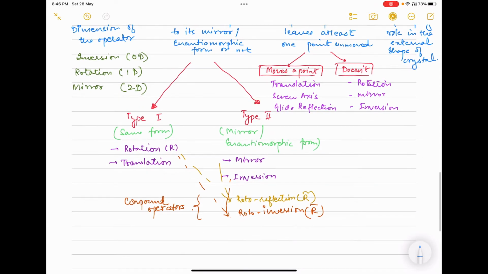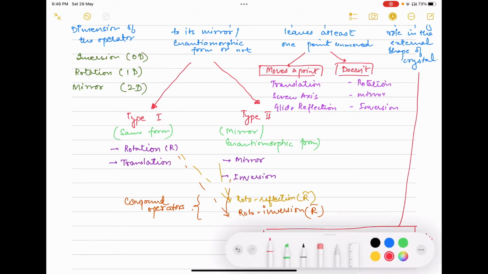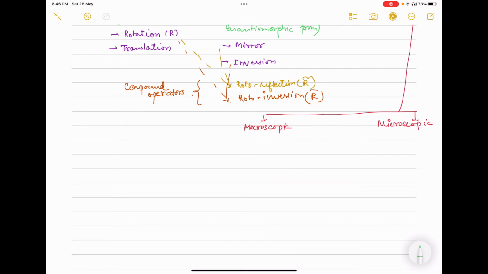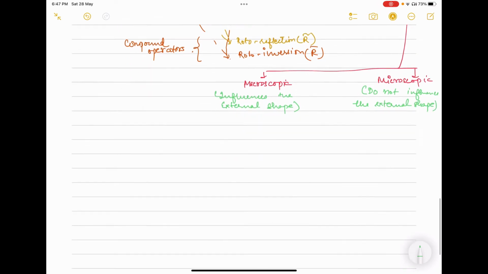So this macroscopic one influences the external shape, but this microscopic one does not influence the external shape.